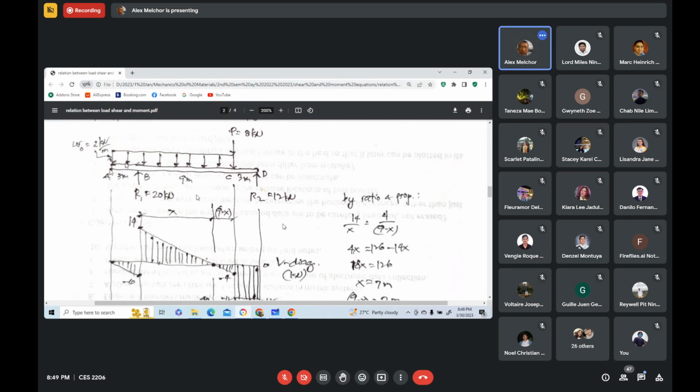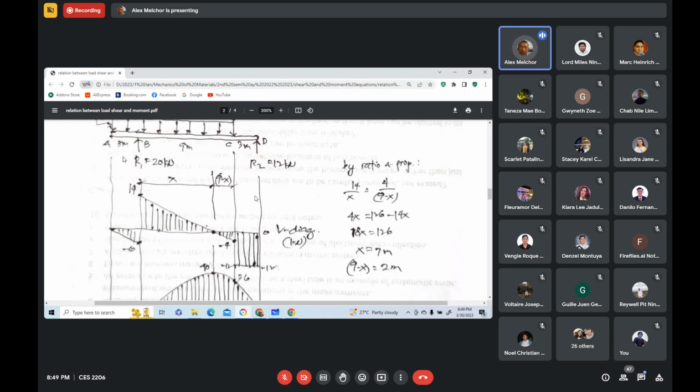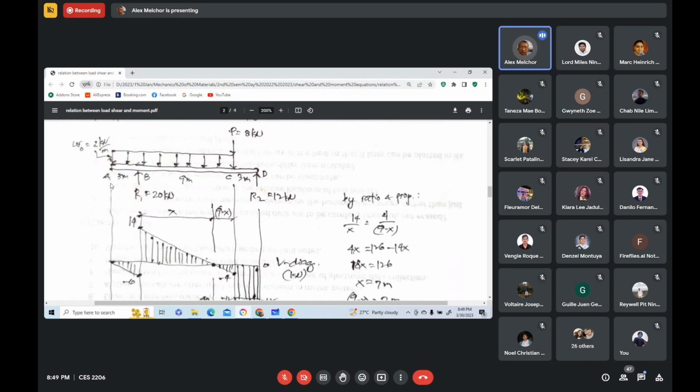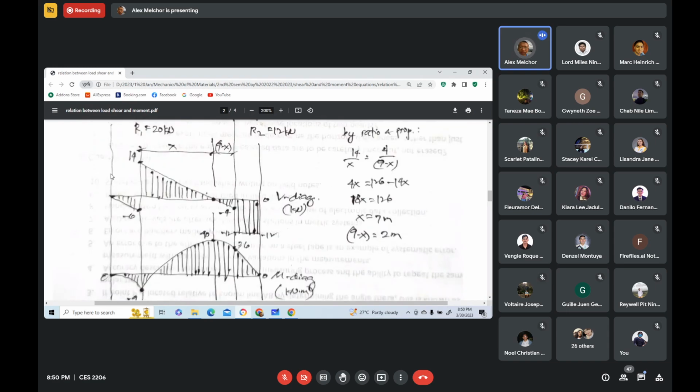After solving for the reactions, we draw vertical lines. We indicate the change of load points, the sections where we have a change of loading condition. So we have this section A, this section B, this section C, and that section D. Then we draw vertical lines right under those sections.